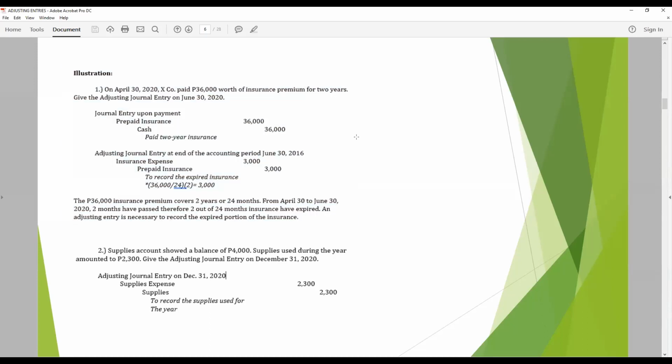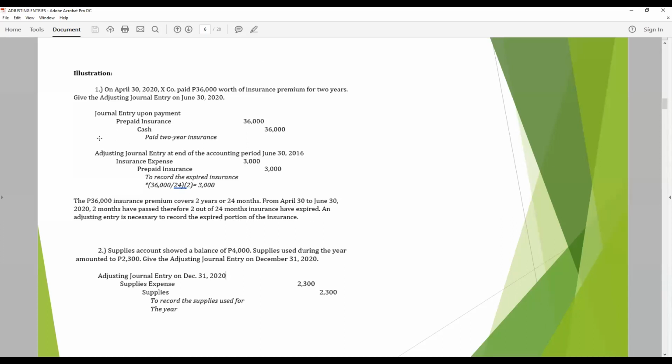Clear ba sa inyo? The 36,000 insurance premium covers 2 years or 24 months. From April 30 to June 30, 2020, 2 months have passed. Therefore, 2 out of 24 months of insurance have expired. An adjusting entry is necessary to record the expired portion of the insurance.